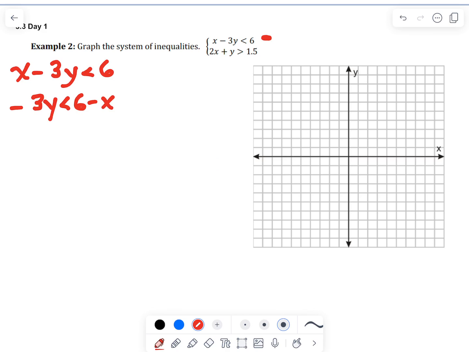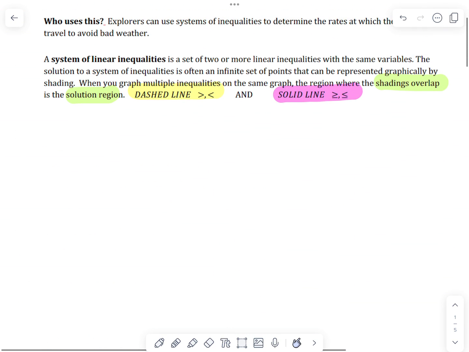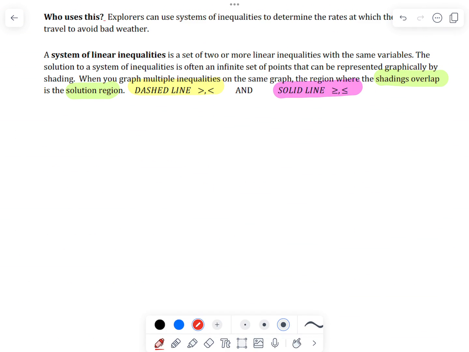Then we have to divide both sides by -3. There is a problem. When you divide or multiply by a negative number in an inequality, the inequality is going to flip. So let's go back up to this slide.